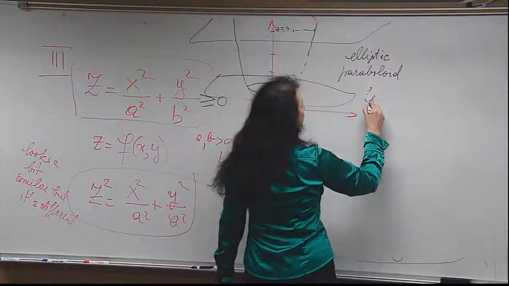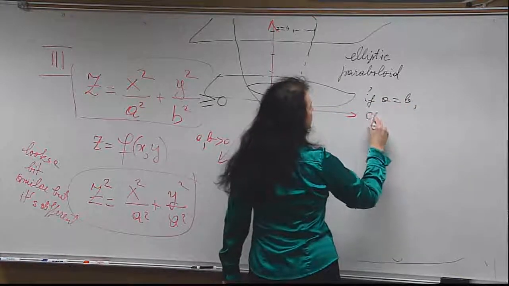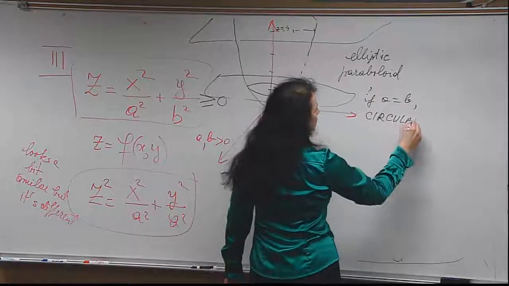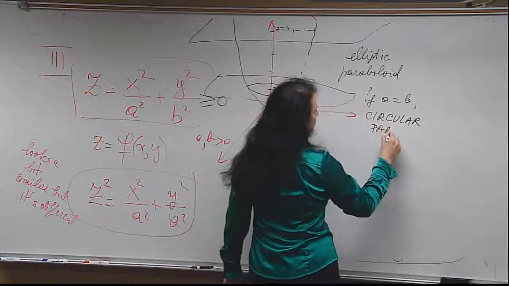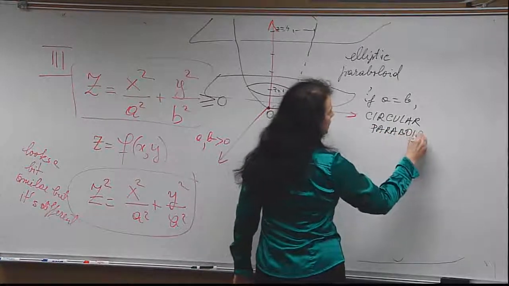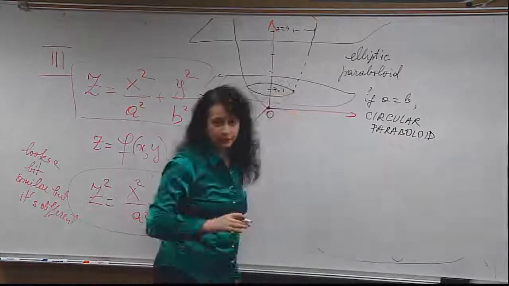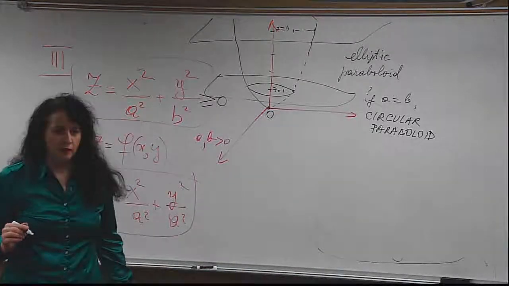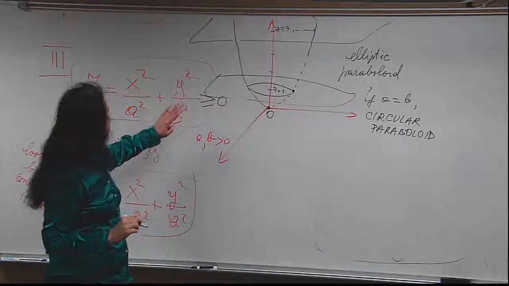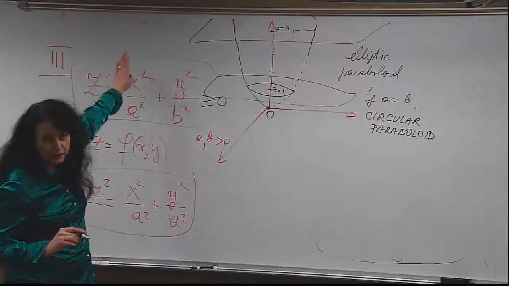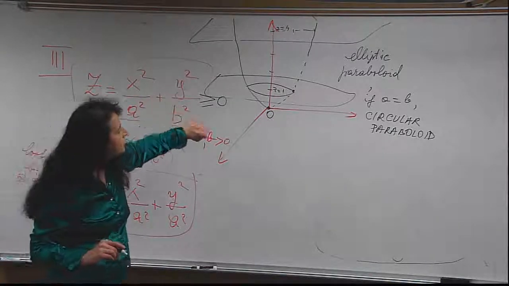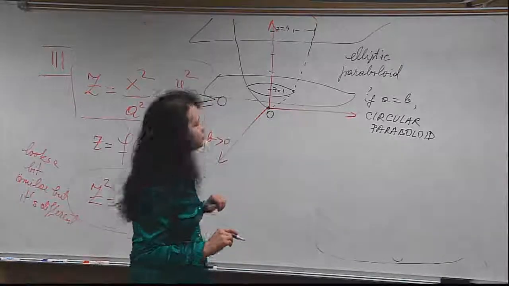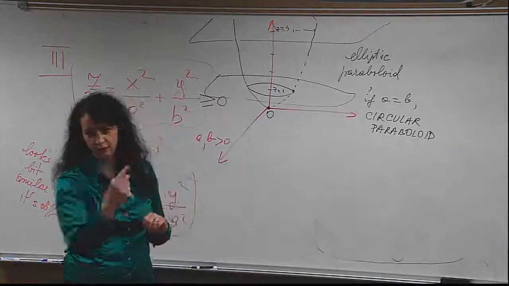But if a equals b, it's going to be a circular paraboloid. Because you will have cross sections at the horizontal planes being ellipses if you deal with this equation in general, or if a equals b, you're going to have circle after circle after circle.